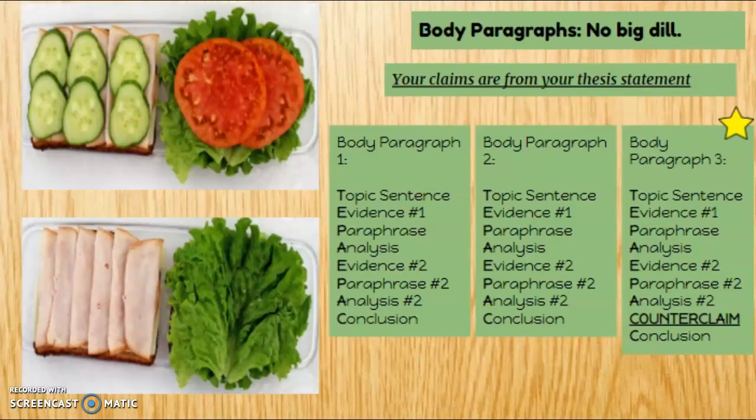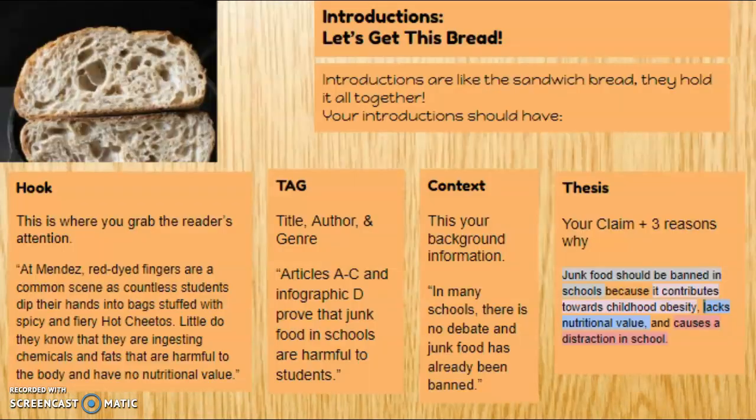All right, let's get to the juicy stuff, the middle. These are your body paragraphs. It's no big deal. You guys got this. So your claims are from your thesis statement. Let's go back. You see these 3 parts right here? Not the claim, that's the first part. The last 3: childhood obesity, lacks nutritional value, causes a distraction.